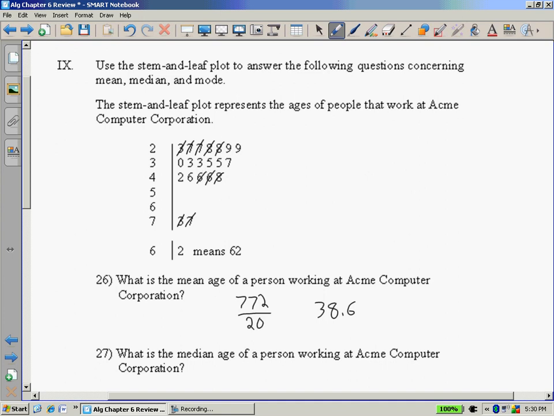And we're left with 33 and 35. So to take the statistical median, we're simply going to take the average, the mean, of the two middle points. 33 plus 35 is 68, divided by 2 is 34.